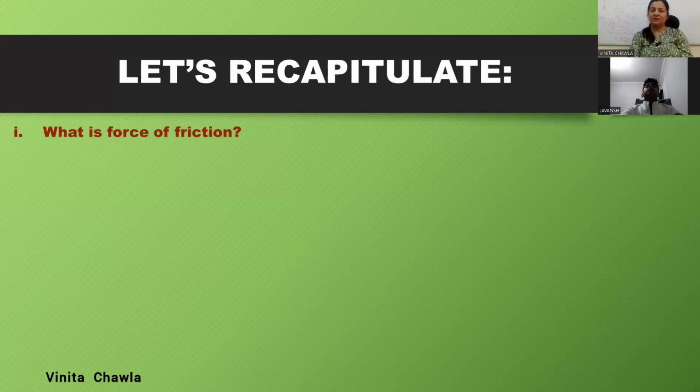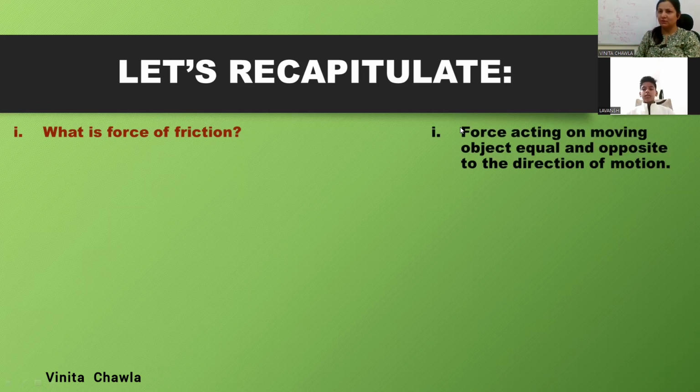Force of friction arises due to irregularities between two objects, and it comes into play when one object moves or even tries to move over the surface of another object. It is always equal and opposite to the direction in which the force is applied. Suppose we are applying force in this direction, then frictional force will act in the opposite direction.